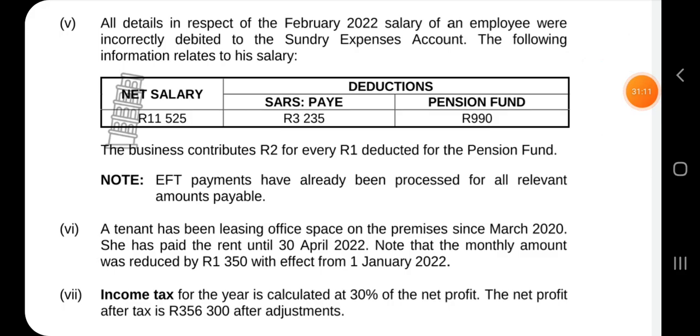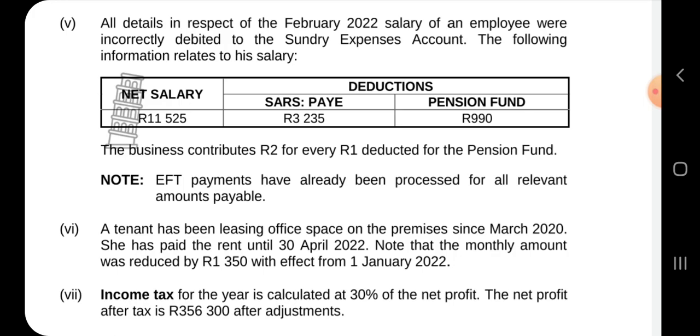And then we have details in respect of the February 2022 salary of an employee that were incorrectly debited to the sundry expense account. The following information relates to his salary. Net salary is 11,525. The pay as you earn is 3,235. Pension fund is 990. The business contributes 2 rand for every 1 rand deducted for pension fund.